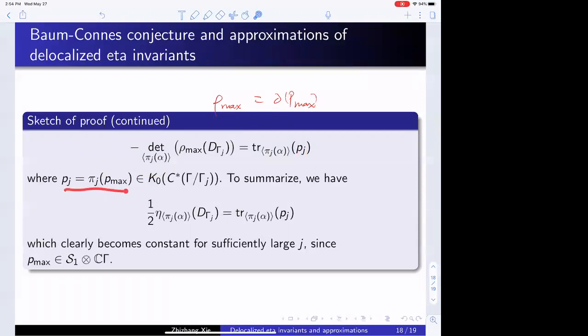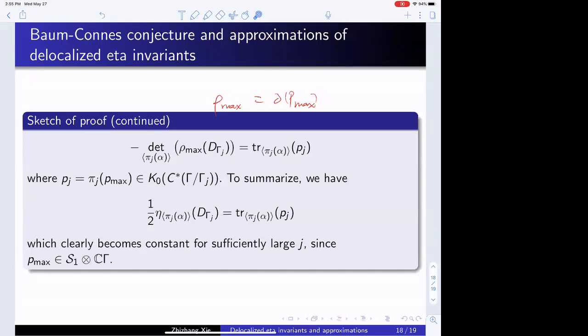Let me first push everything to this finite cover setting, and there everything will make sense. The determinant of the rho invariant is the same as the trace of this idempotent.